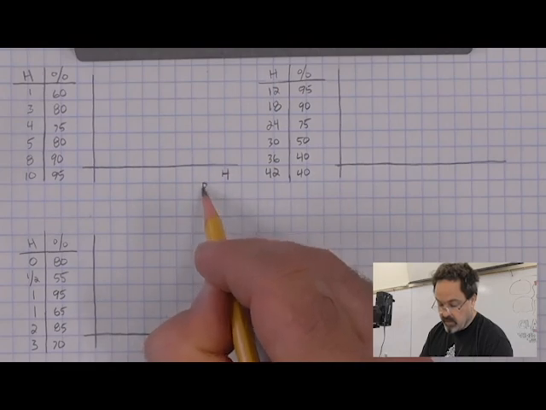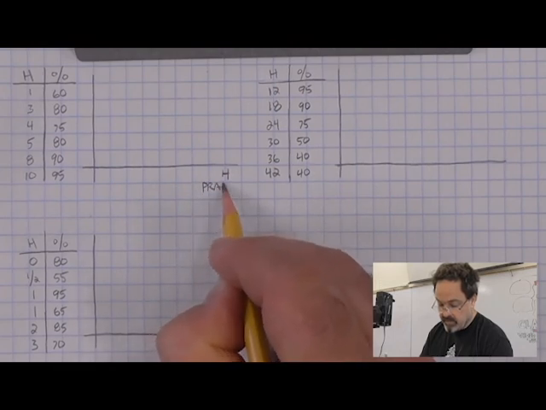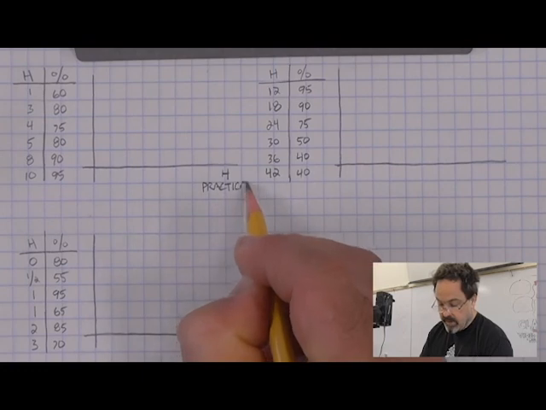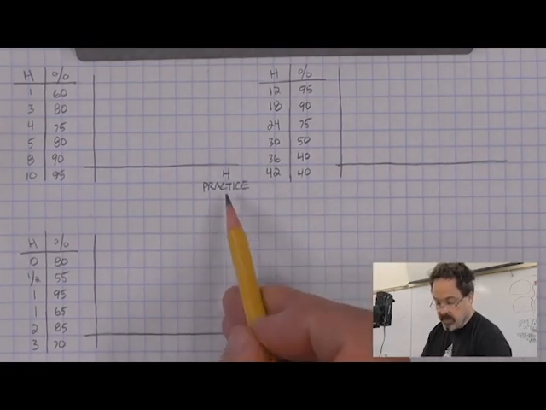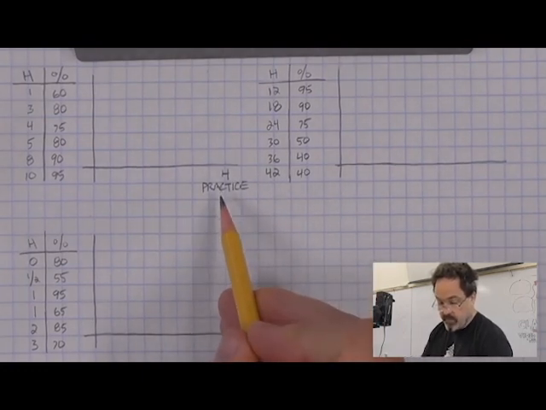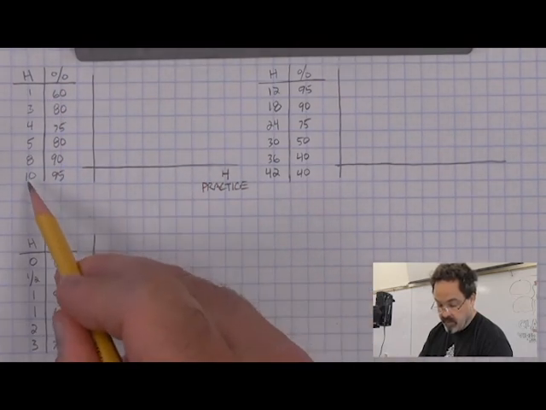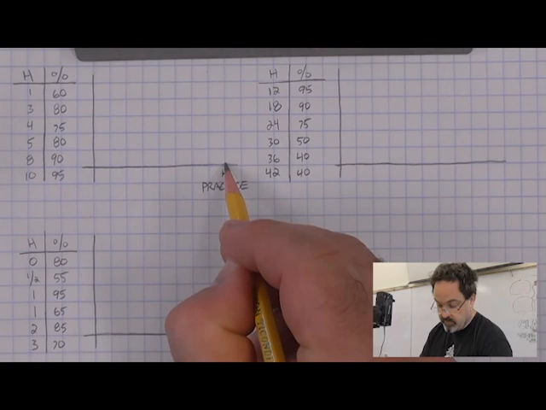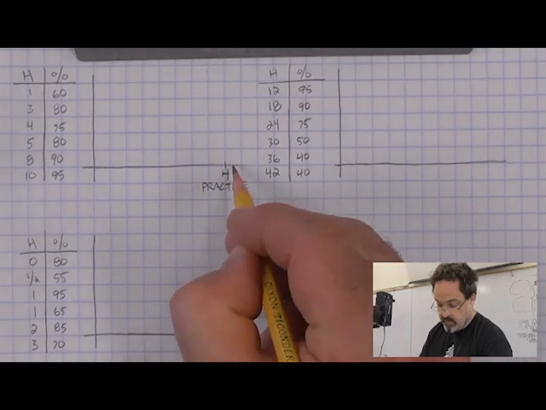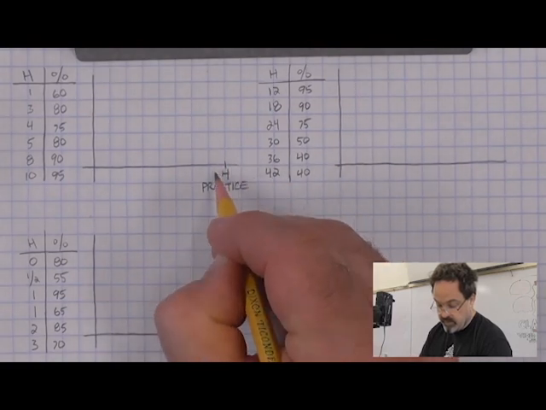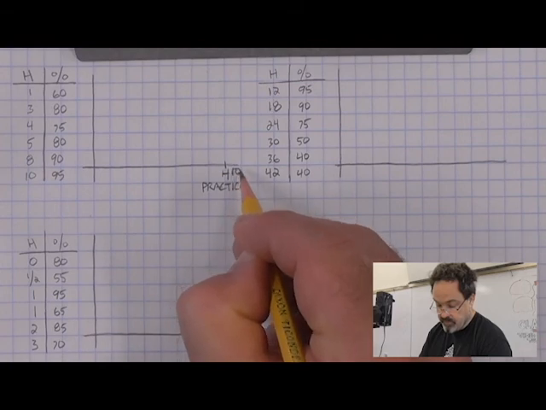This is the amount of practice, the hours of practice that somebody engaged in before they scored. And the highest value, 10 here, I'm going to label a tick mark and call that location 10. I'll write it over here.